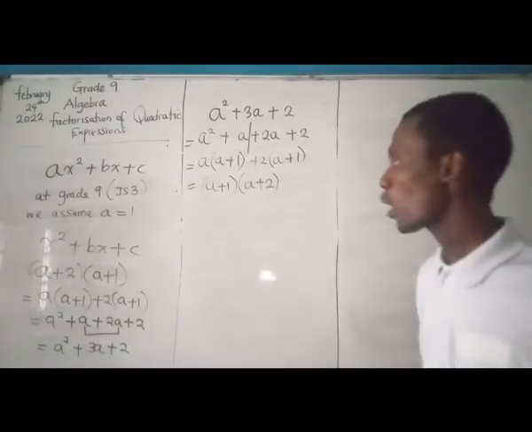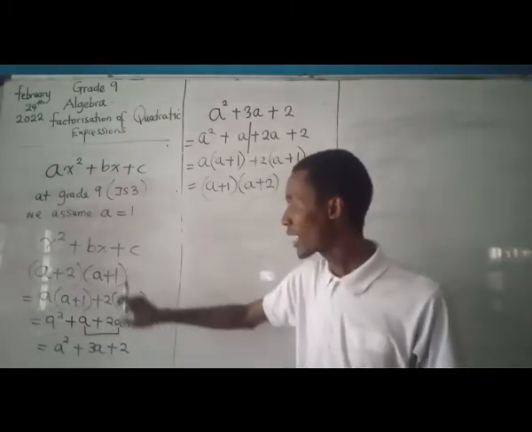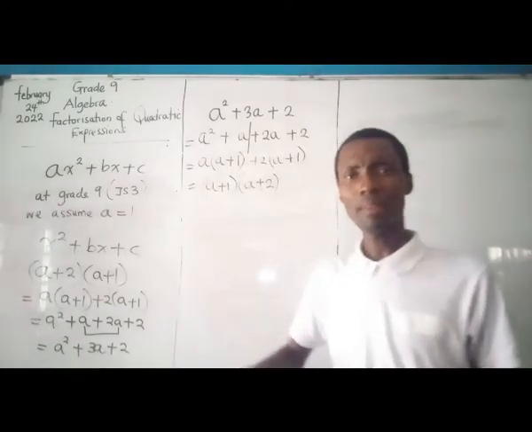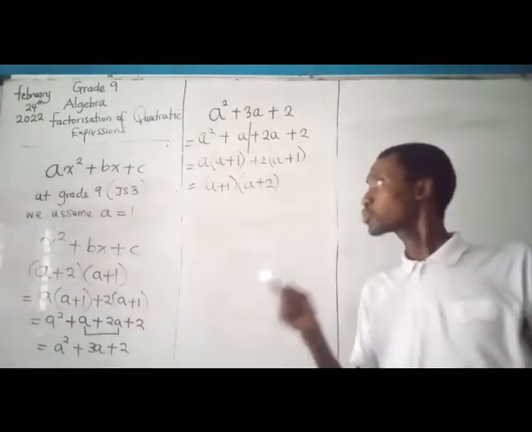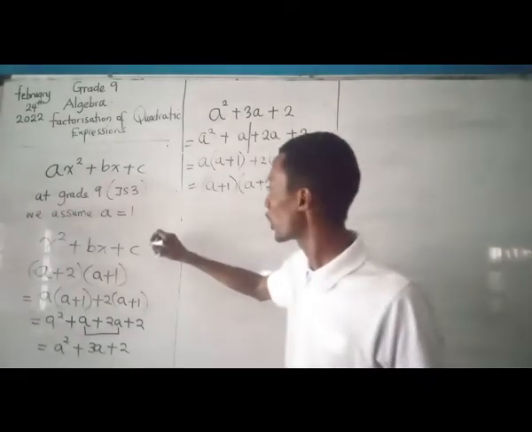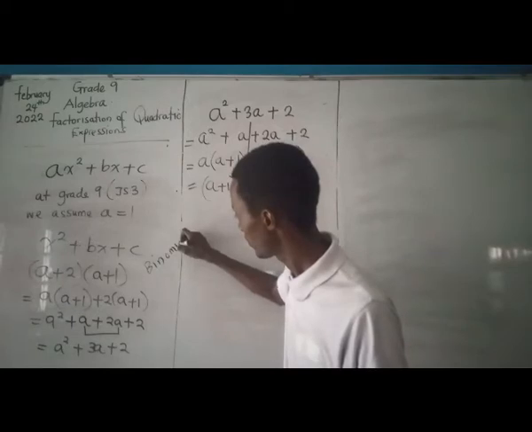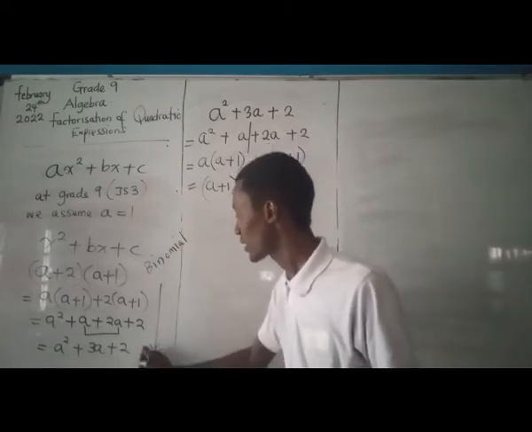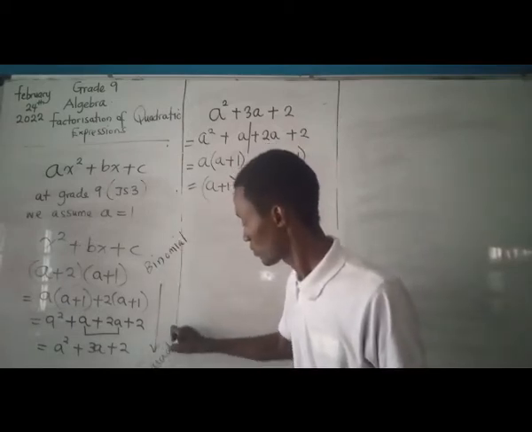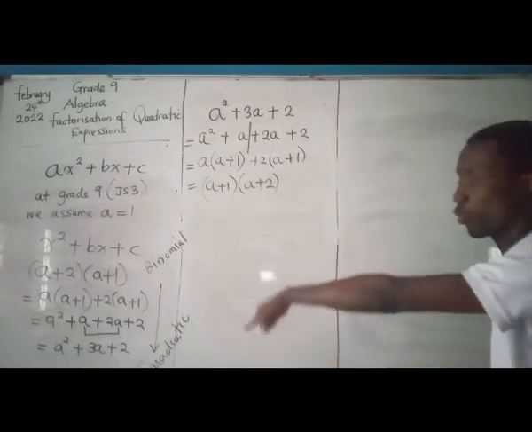What we've been doing in terms of binomials to quadratic is that we multiply to get this one. Now, let's try to factor out to get the binomial. So here, we move from binomial to quadratic.